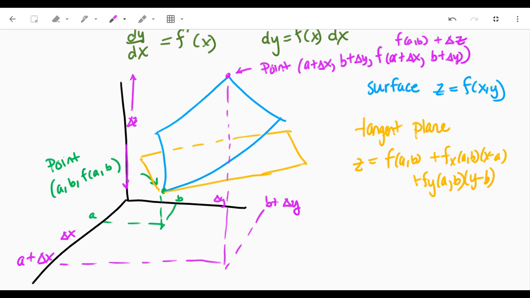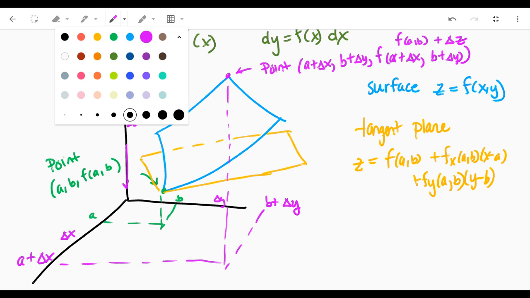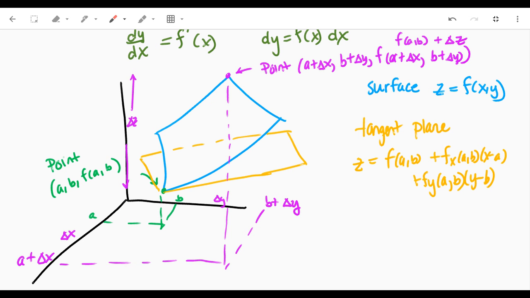Okay. So we would again measure our delta x, delta y, and delta z on the curve. Okay, so those are differences taken on the curve.